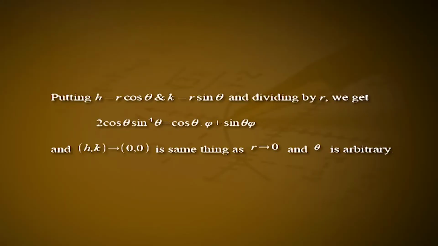Putting h is equal to r cos theta and k is equal to r sin theta and dividing by r, we get 2 cos theta sin⁴ theta is equal to cos theta phi plus sin theta psi, and (h, k) tends to (0, 0) is the same thing as r tends to 0 and theta is arbitrary.